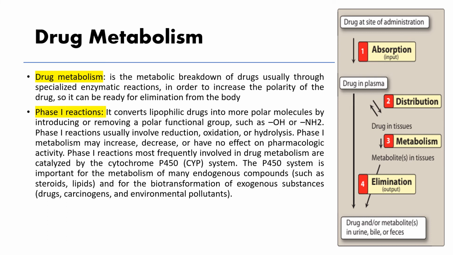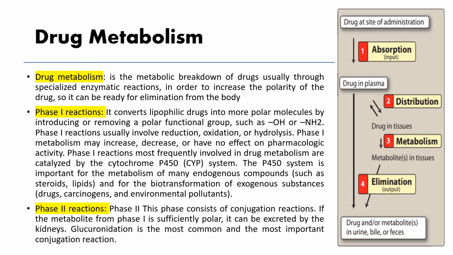Phase 1 reactions usually involve reduction, oxidation, or hydrolysis. Metabolism may increase, decrease, or have no effect on pharmacological activity in phase 1. Phase 1 reactions most frequently involved in drug metabolism are catalyzed by the cytochrome P450 system. The P450 system is important for metabolism of many endogenous compounds and the biotransformation of exogenous substances.